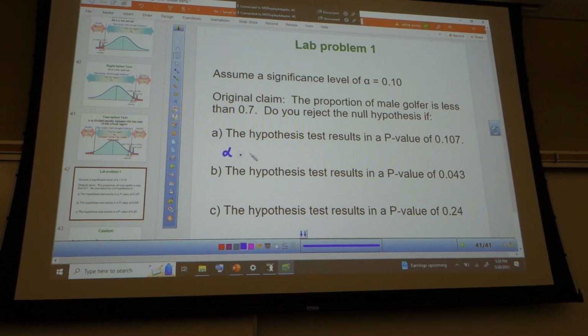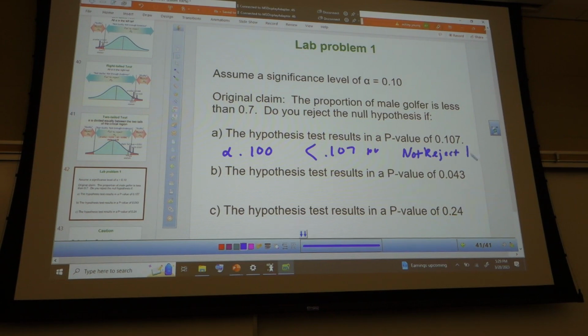Alpha is 0.10. My p-value is 0.107. Make them have the same number of decimal places. So this one has 3. Add more zeros so that one has 3 also. Which one is bigger? 107. Yep. So here it's bigger, so we would not reject H naught.